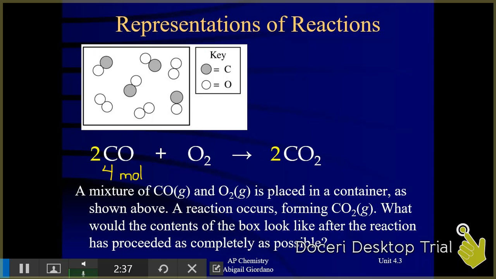I can also see that I have 3 molecules, or moles, of oxygen. And the question is, how much CO2 is that going to make? I want you to pause the video here for just a second and think through this, and think about what the product is going to look like.